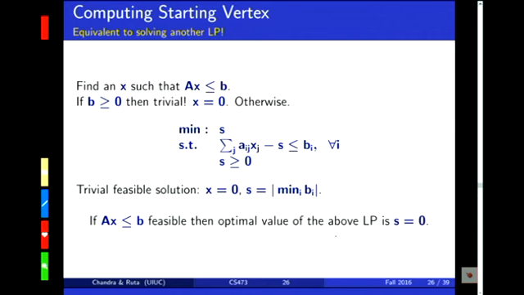Okay, so then if the original thing was feasible, then you know that the LP should stop at a point where S is 0. Right? Because you cannot set S to below 0. And when you have a feasible point where S is 0, that should be optimum, because you want to minimize S.